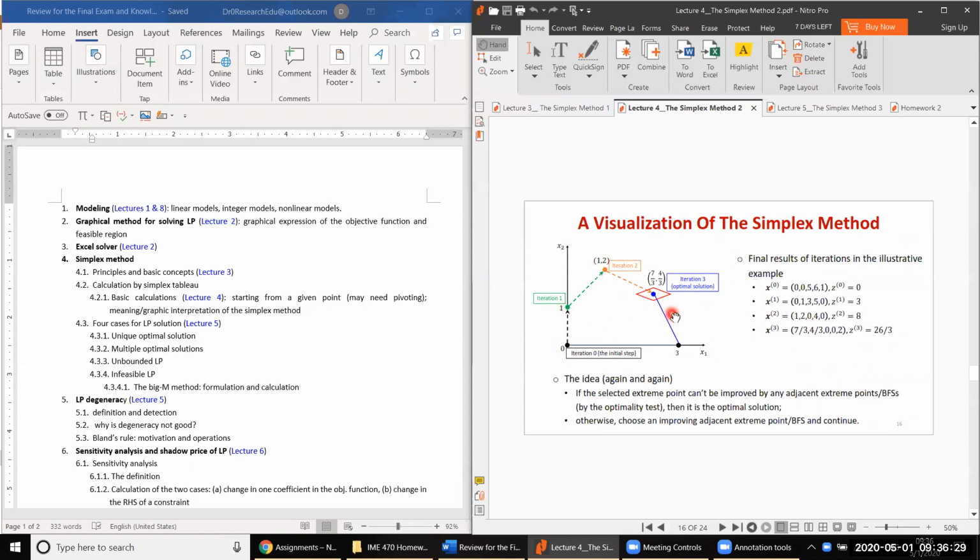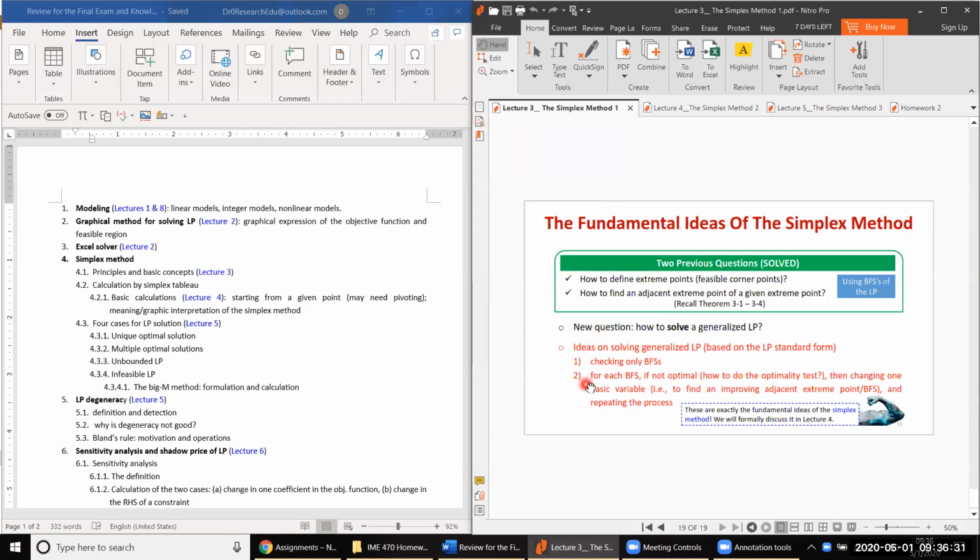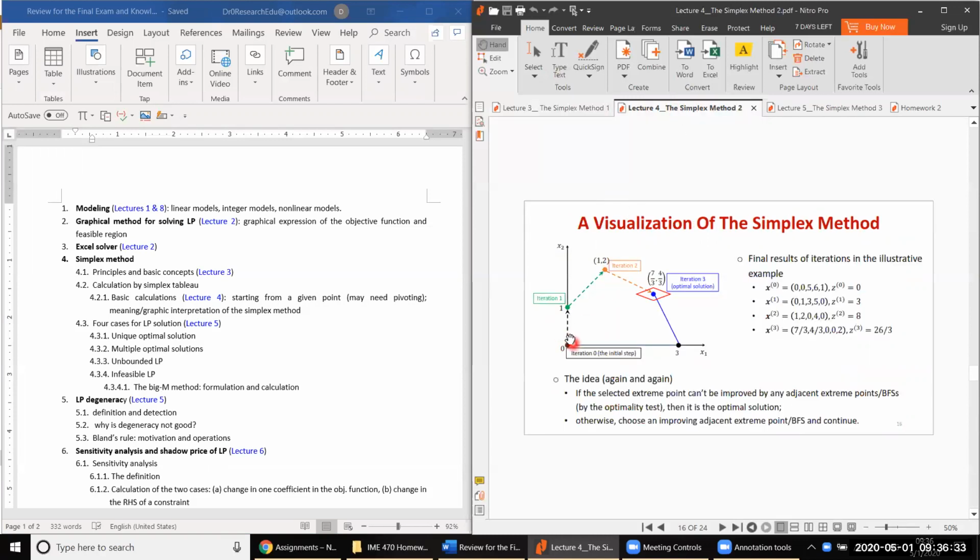And again, the principle of the simplex method: I check an extreme point to see whether any of its adjacent neighbors can improve me. If someone can improve me, go to that one. If none of the adjacent neighbors can improve me, I'm the best.